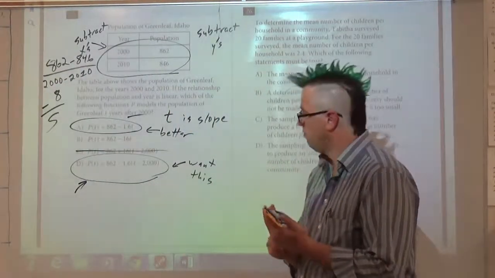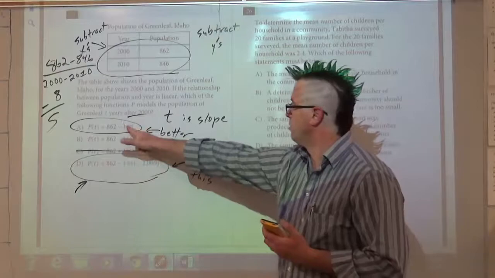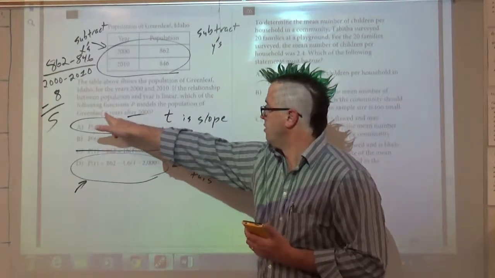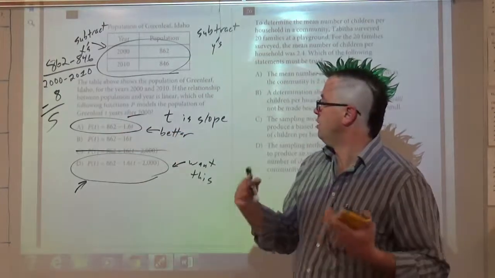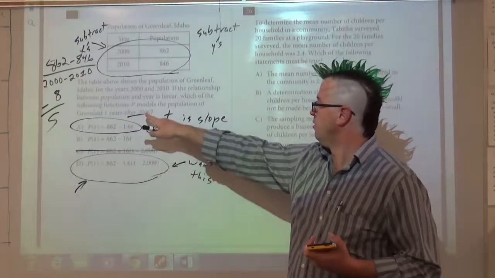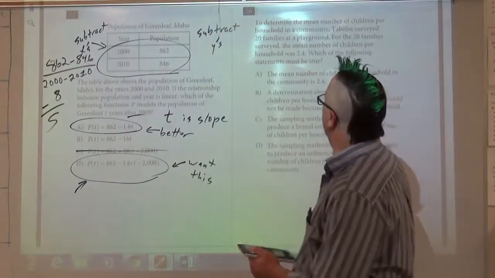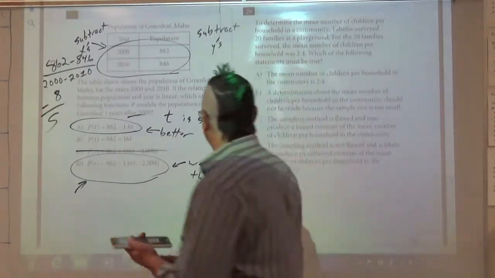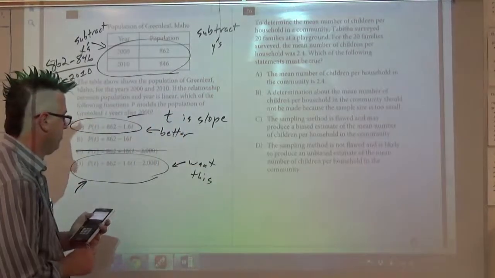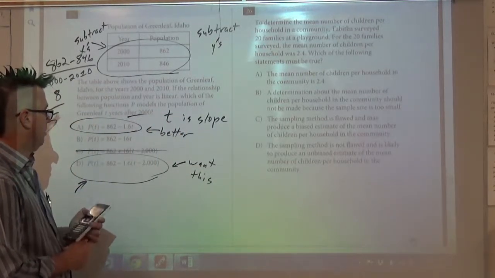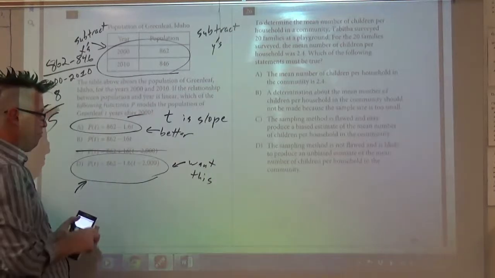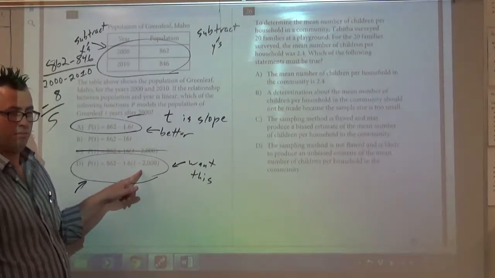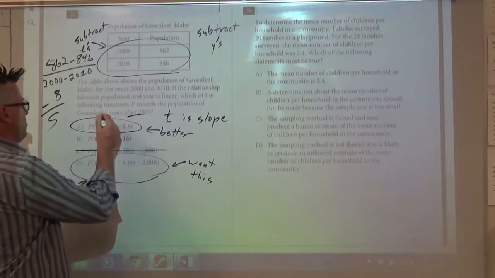So this one has the right slope. And it doesn't have that because it says T years after. So T is already just years and not the year. It's just gonna be confusing. Well, it is confusing. So what's the actual answer that you're saying? This is right, but if you were taking the STAR test, most of the time this is the one they want. But they say T years after 2000.